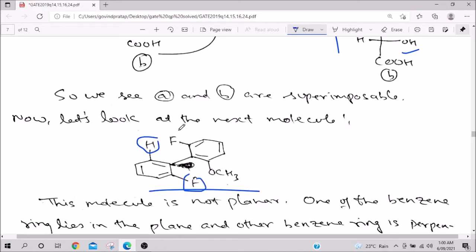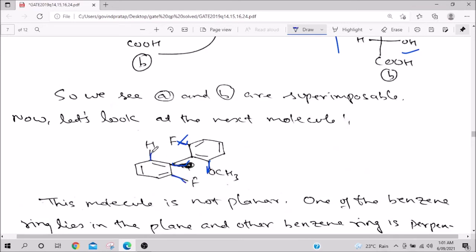Unless you have something like PPh3, no, rotation is stopped. So, what happens is when rotation is stopped, then this molecule is locked in one conformation. So, these two will be perpendicular to each other. So, this F will be towards the viewer, this COCH3 also will be towards the viewer, whereas this F and this H will be in the plane.